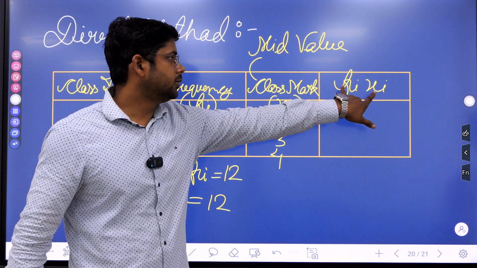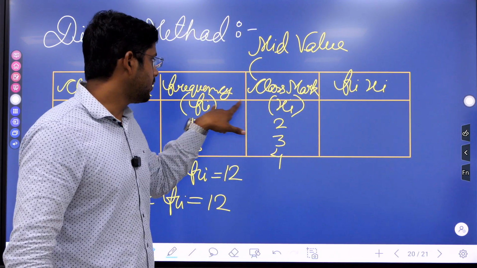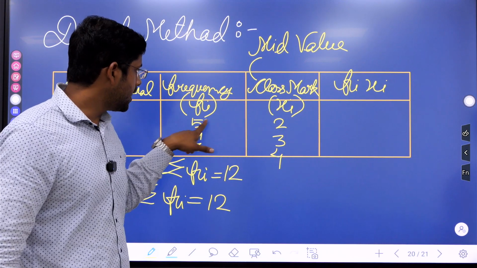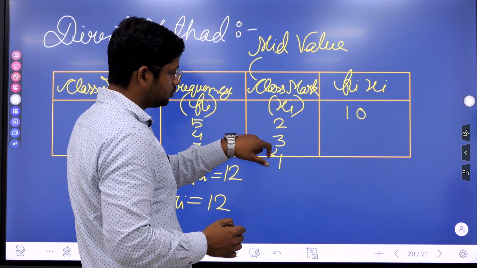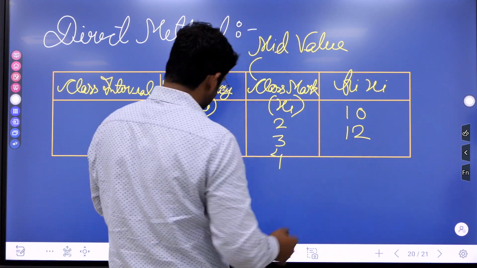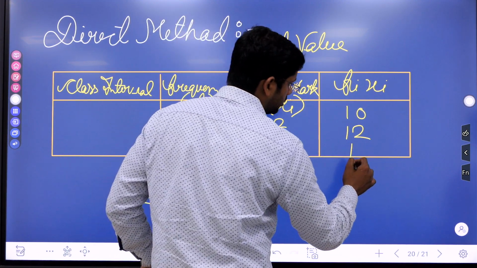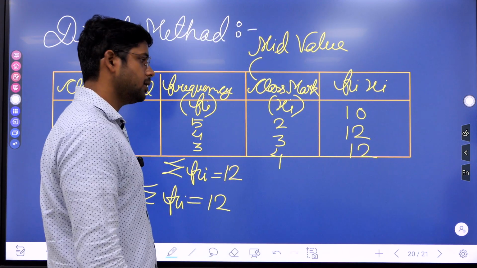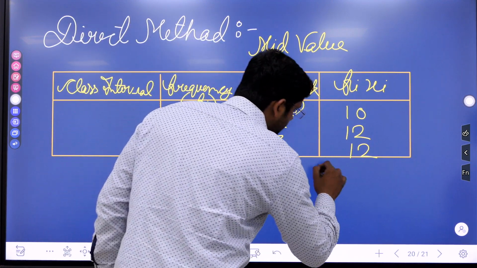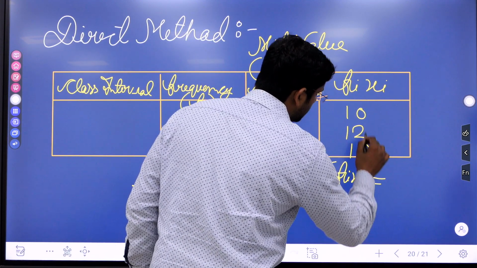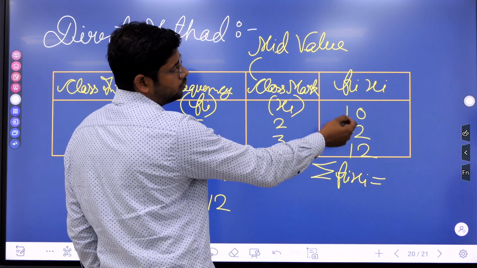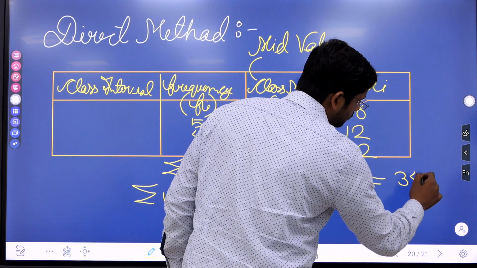Then fi xi is the product: 5 into 2 is 10, 4 into 3 is 12, and 3 into 4 is also 12. So summation of fi xi: 12 plus 12 is 24, 24 plus 10 is 34.